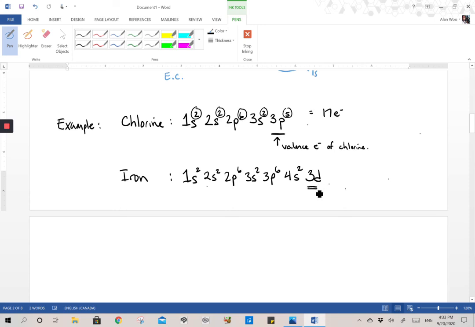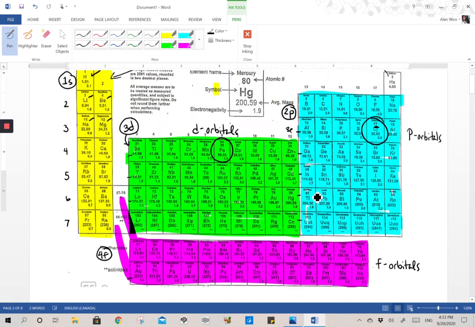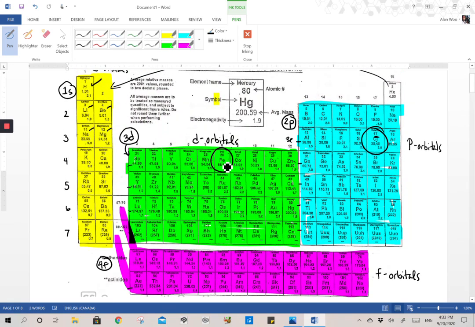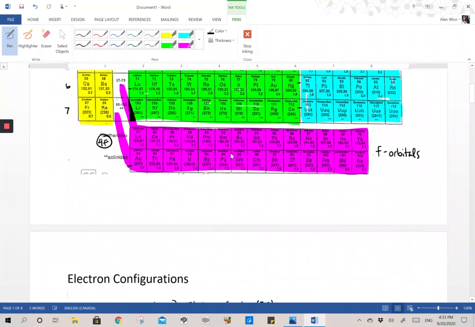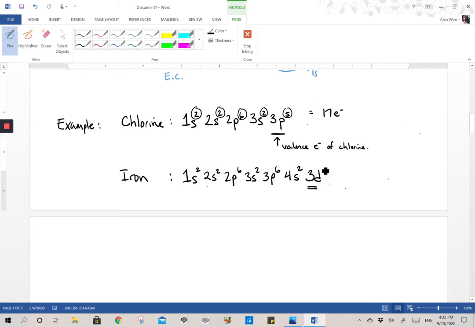So when we look at how many electrons to give the 3d's, again, all we have to do is count where iron is. So iron is at 3d1, 3d2, 3d3, 3d4, 3d5, 3d6. So 3d6 represents the valence electrons of iron.